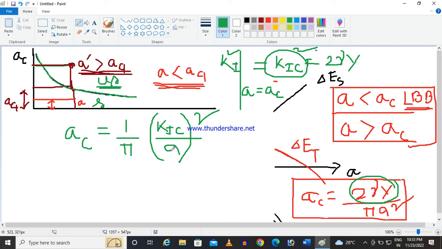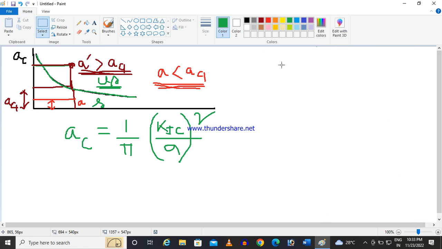So now we will go for a particular example, to see whether this leak before break criteria is satisfied or not. Take an example.